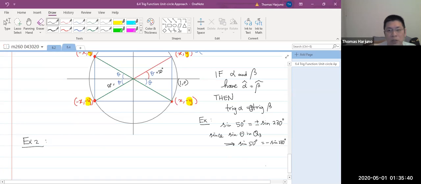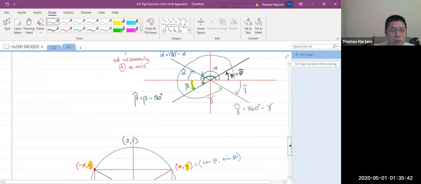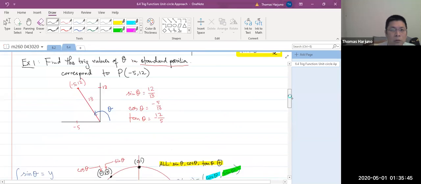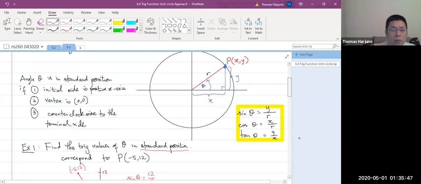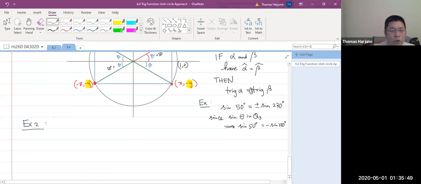Suppose I want to find out what is sine 150 degrees. So I ask myself first, 150 degrees is in which quadrant?